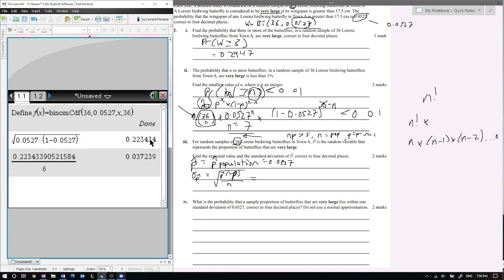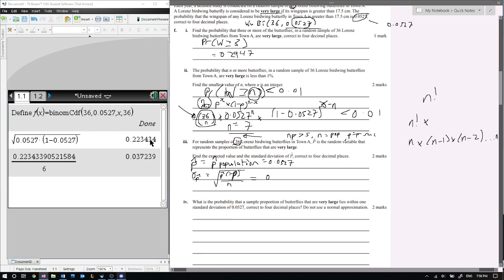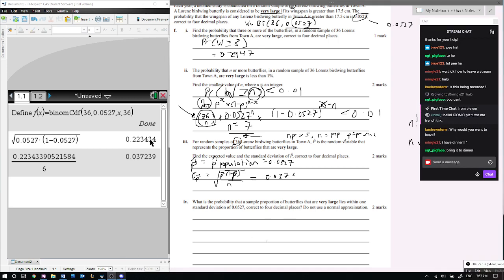So our expected value of p hat is 0.0527, and our standard deviation is 0.0372. So, are there any questions regarding how I did question FIII, getting the expected value and standard deviation of p hat?